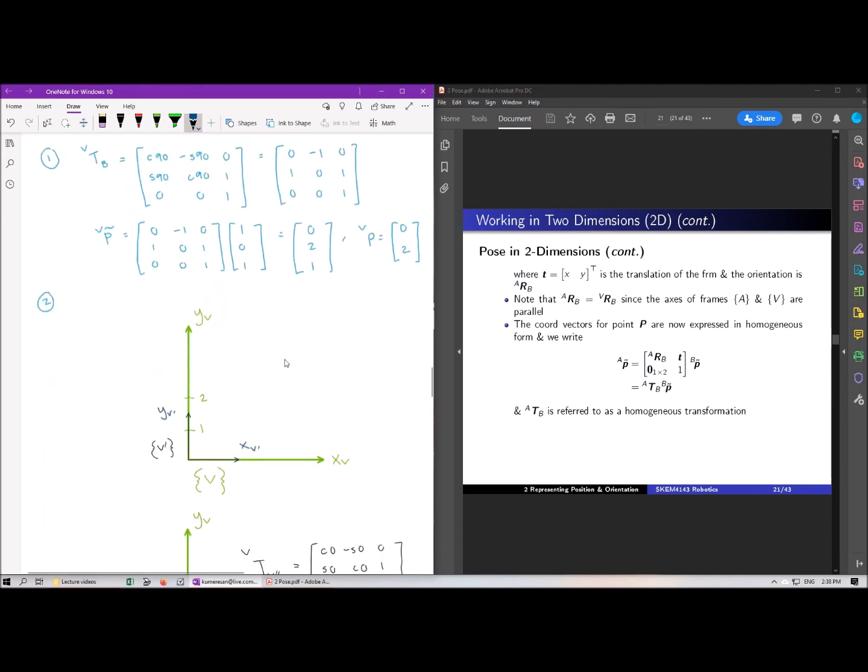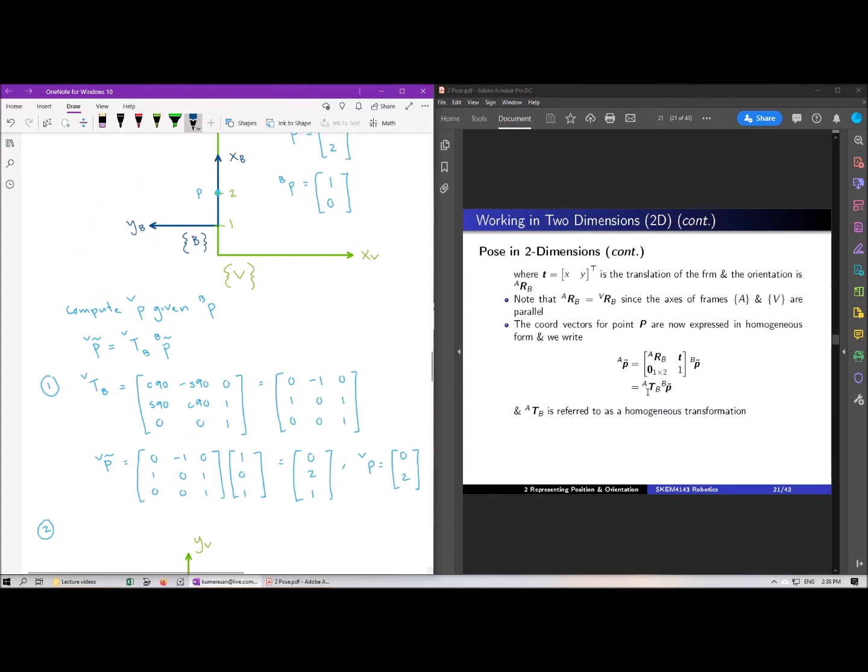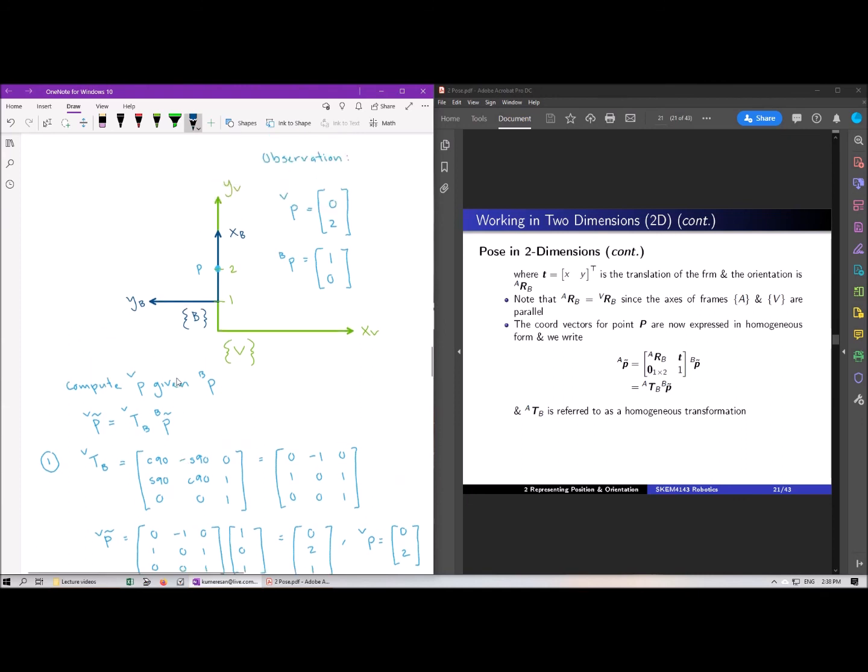The first method is by just adopting this matrix. TBV is given by this. First of all, let's look at the rotation. What is the rotation of B with respect to V? As we can see, we have rotated 90 degrees.